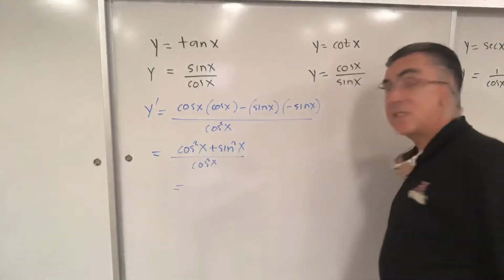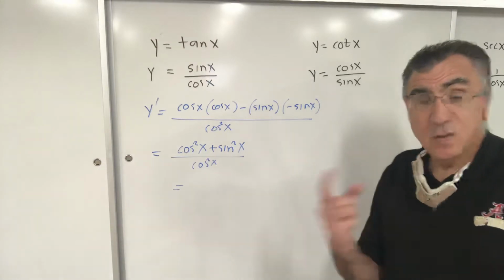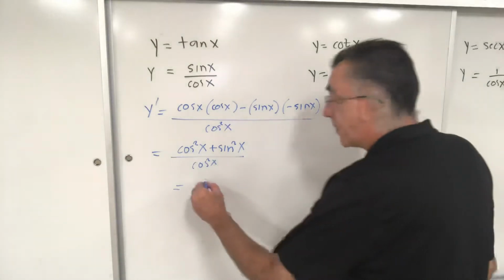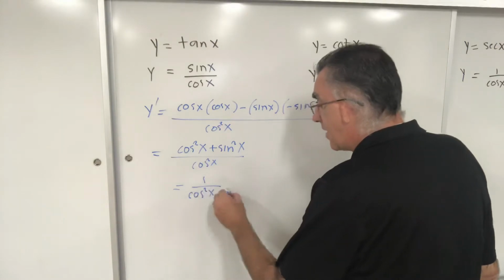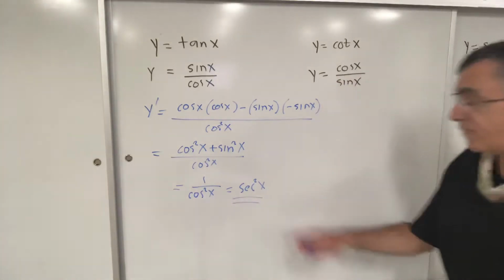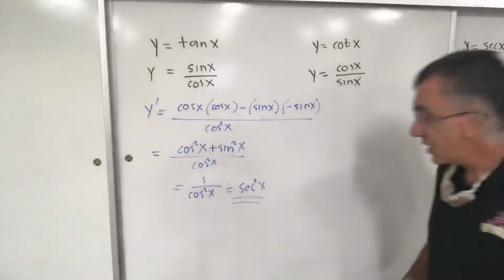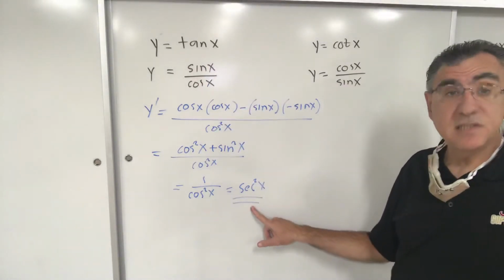That is something I should have talked about earlier. Sine squared plus cosine squared, or in this case, cosine squared plus sine squared, is 1. And that is secant squared. And if you remember from the first video this week, the derivative of tangent is secant squared.